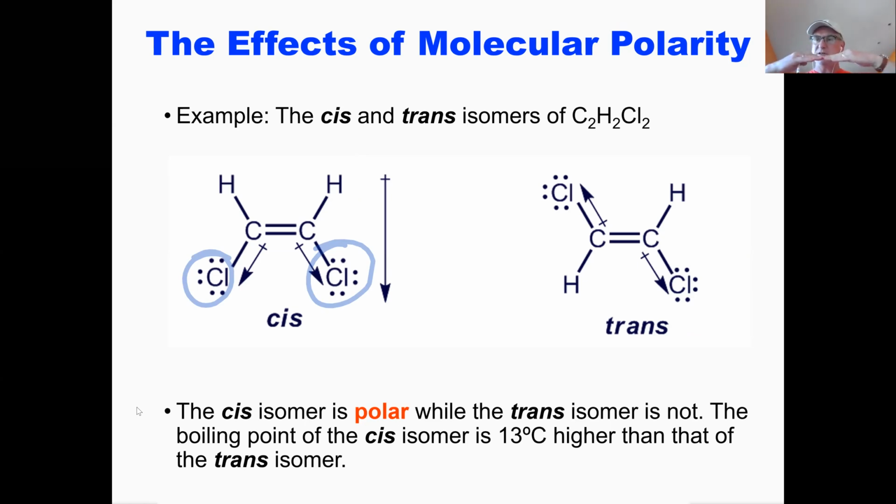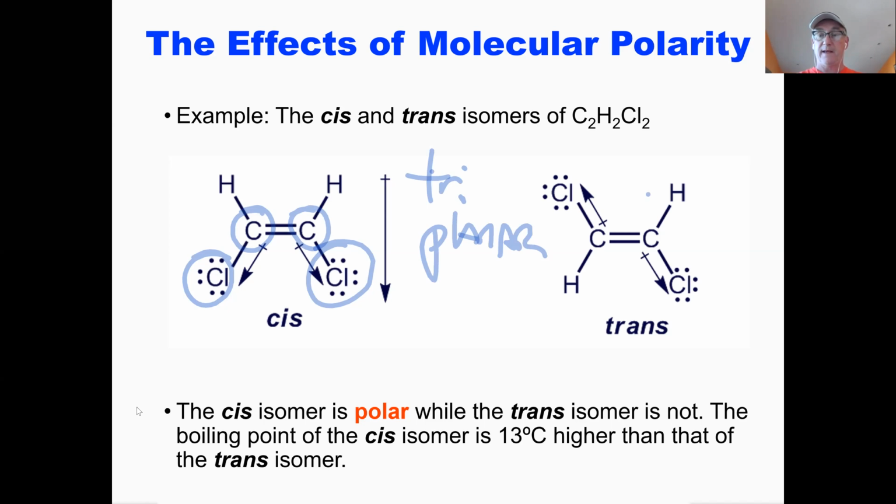Now, one of the things we learned is that when each of these carbons has three groups around it, what are they? Trigonal planar. And one thing we haven't learned, but we will, is that when you have a double bond like this, you're locked. It doesn't rotate.